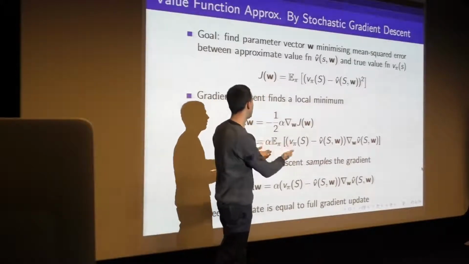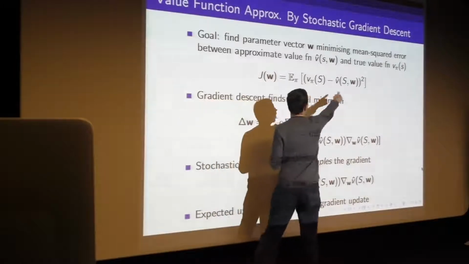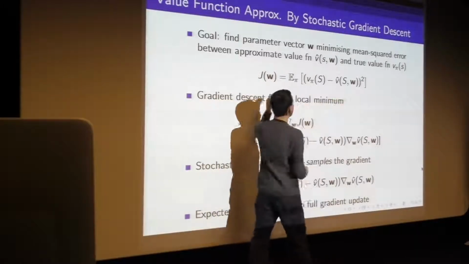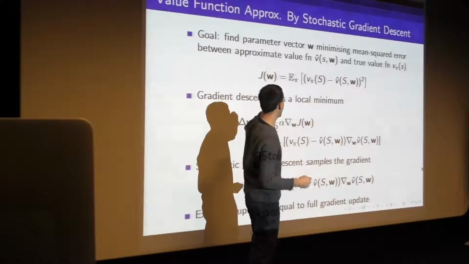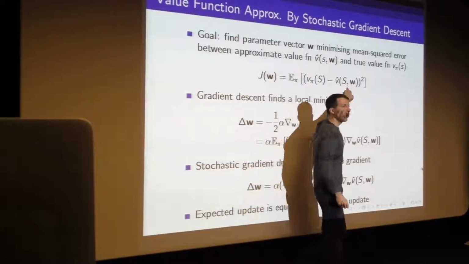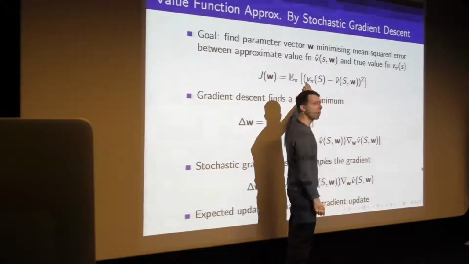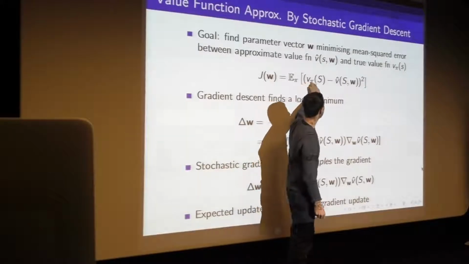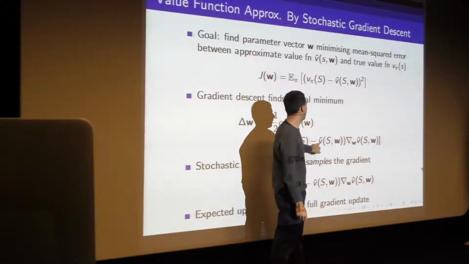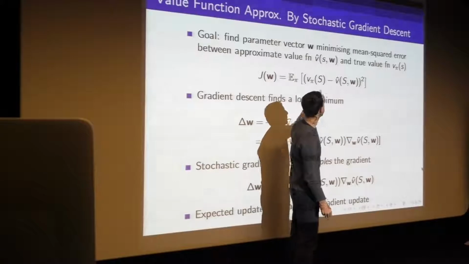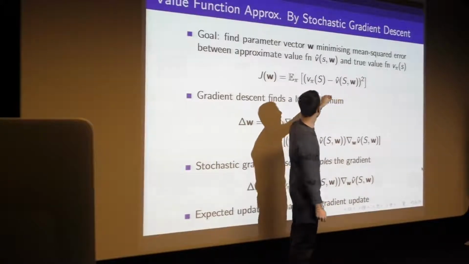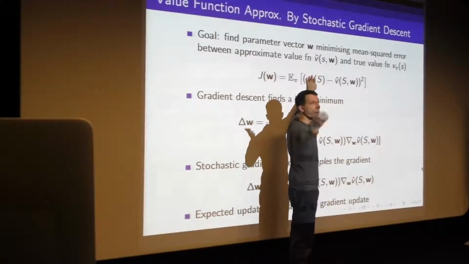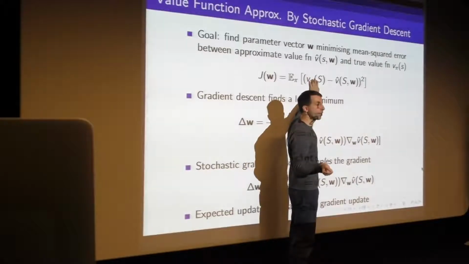So all we're going to do is plug that in. So we've got this mean squared error here. So how do we minimize this thing? Well, we're going to apply the chain rule to this. So we've got this squared error here. So if we apply the chain rule to this, we end up with this error term multiplied by the gradient of this error term. But our oracle is just some constant. It doesn't depend on our parameters.